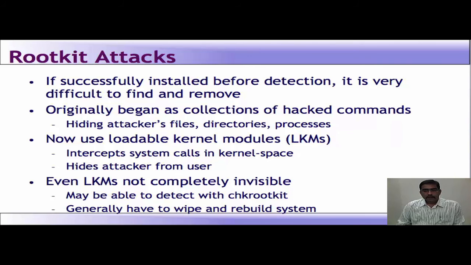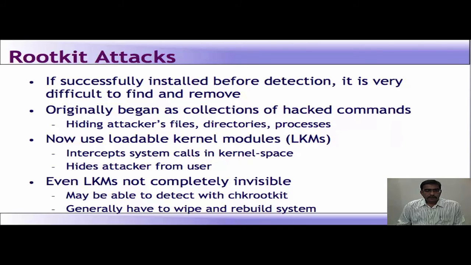So, an LKM rootkit covers the tracks of attackers in kernel space and intercepts system calls pertaining to any user's attempt to view the intruder's resources. Luckily, LKM rootkits are not completely invisible.